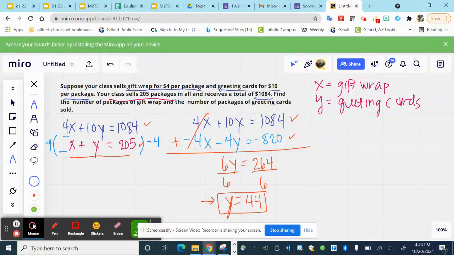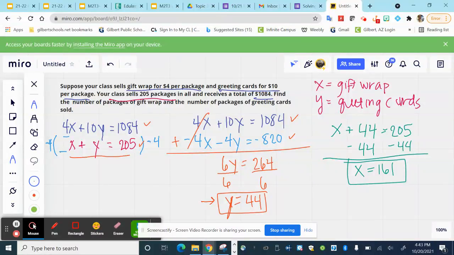But it really doesn't matter. You'll get the same answer no matter what. So I have x plus my y, which is 44, equals 205. If I subtract the 44 on both sides, I get x is equal to 161.